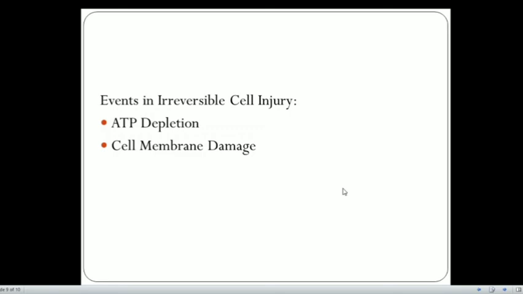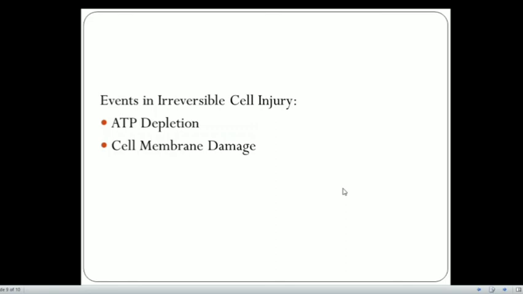Intact cell membranes are essential to the maintenance of normal cell permeability and volume. Loss of membrane integrity causes massive influx of calcium from the extracellular space that results in mitochondrial dysfunction, activation of intracellular enzymes, and denaturation of proteins.